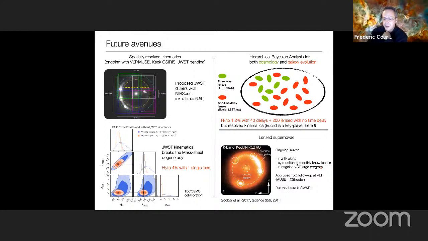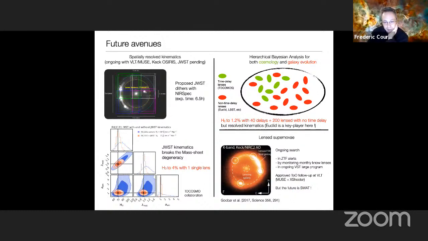And we have a large program where the probability of finding a lensed supernova is not negligible. Of course, we have target of opportunity time approved on the VLT in case something blows up in a lens system. And I will speak later about the SWAT project that can be used to follow up these kinds of events.